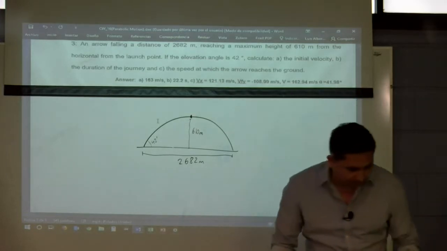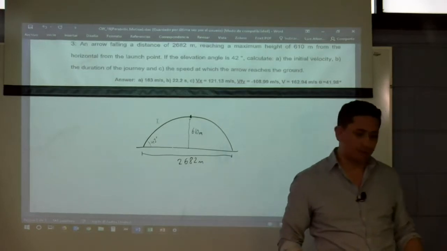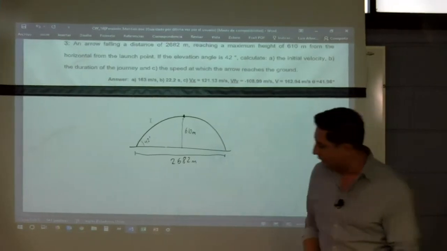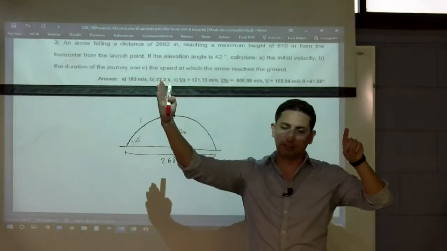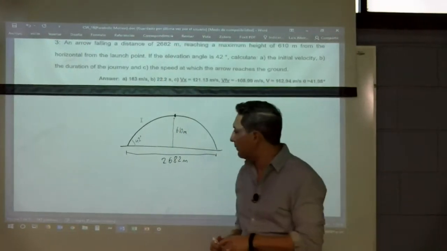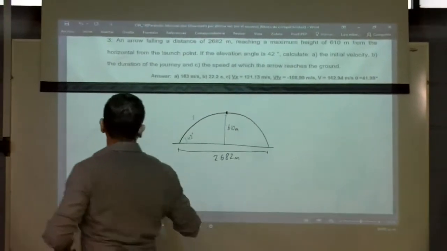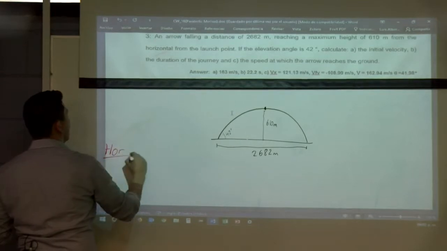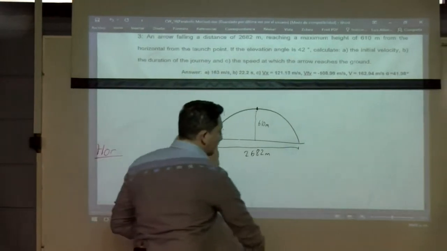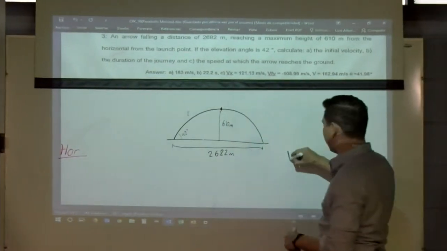Let's check. The first thing to do in these kind of problems is knowing that you have two analyses, the vertical and the horizontal. I would like to start with the horizontal analysis here, and on the other side the vertical analysis.